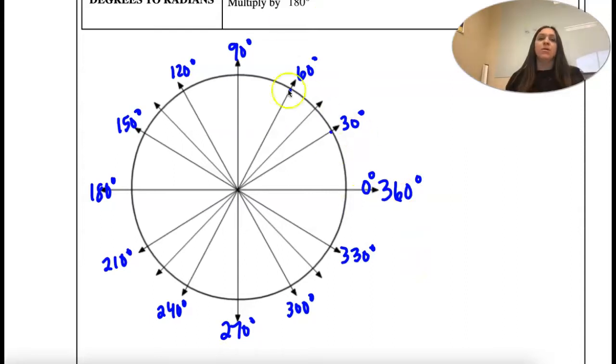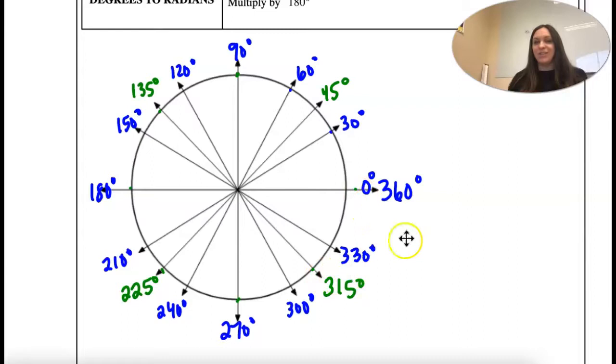Okay, so we go around in 30s, and then we're going to go around in 45s. So 0, 45, 45 plus 45 is 90, 90 plus 45 is 135, 135 plus 45 is 180, plus 45 is 225, plus 45 is 270, plus 45 again is 315, plus 45 again is 360.